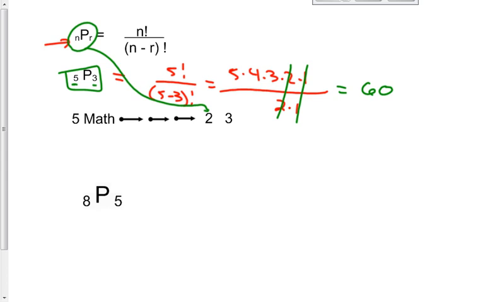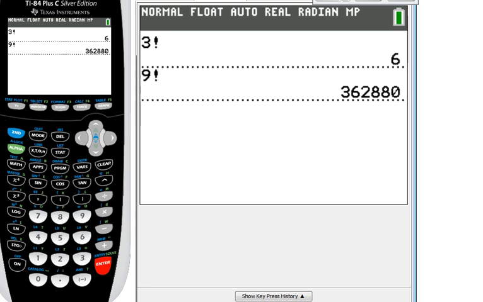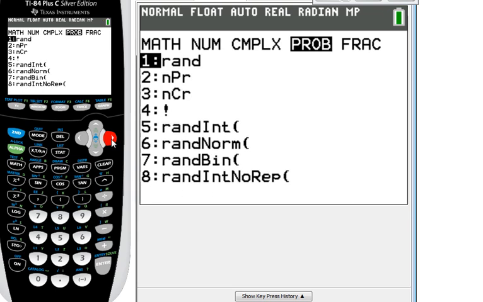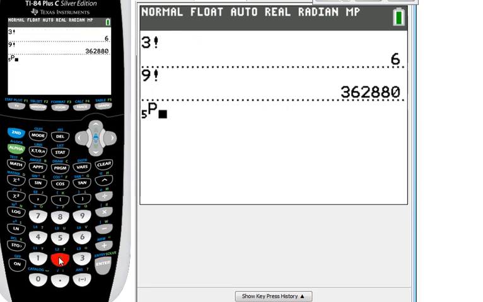Okay, so let me pull up our calculator again, and we're doing 5P3. All right, so we type the 5, then we go to our math button, arrow over 3 times to probability. There's choice number 2, nPr, so take choice number 2. Now do you see how it shows up already as 5P? Then you can type your 3, and then you can hit your enter button.